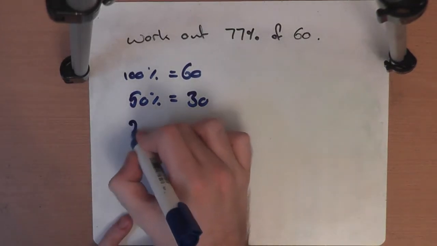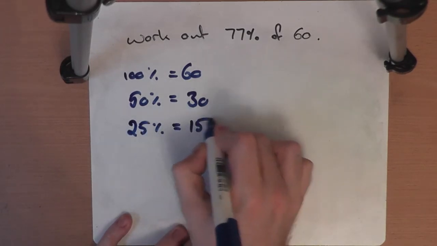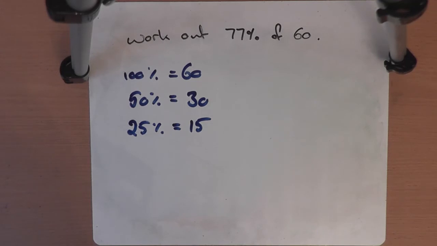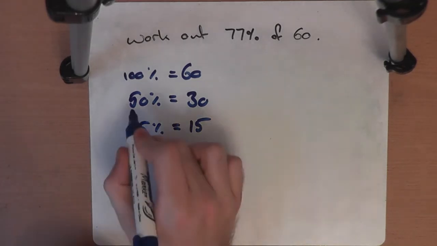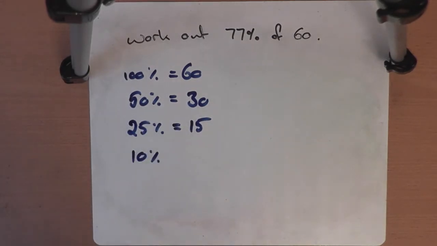We could halve that again to find 25%. So half of 30 is 15. There's our first set of percentages that we could use. We could also, from the 100%, find 10%. Well, 100 divided by 10 would give us the 10%, because 10 10%s make up 100.